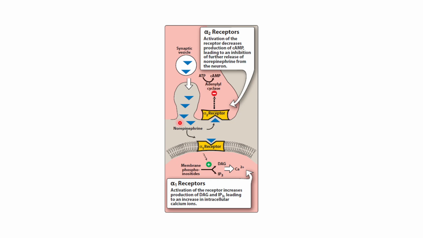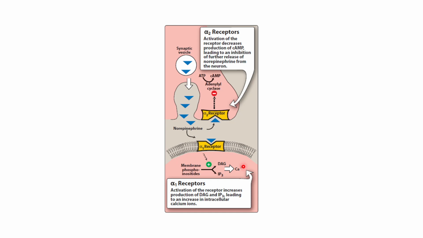The alpha 1 receptor is usually on the vessel, so this is the smooth muscle of the vessel. The alpha 1 receptor is a metabotropic one and leads to the activation of inositol triphosphate and diacylglycerol, and that increases intracellular calcium and leads to the contraction of the smooth muscles of the vessels.